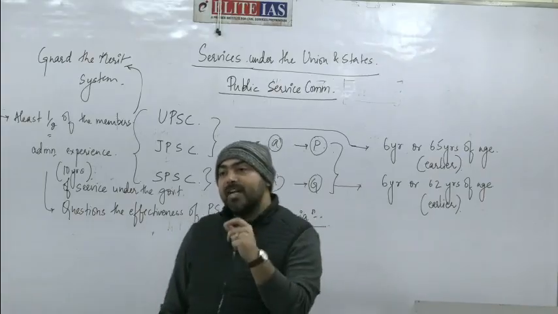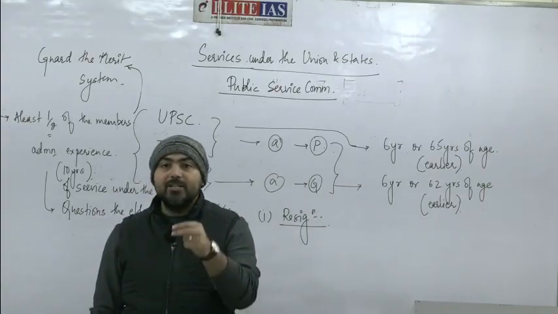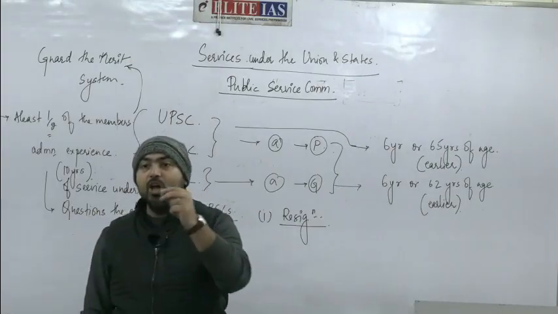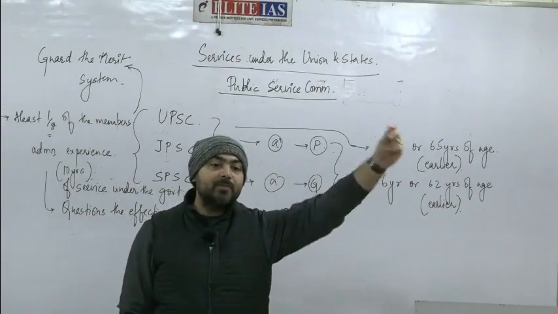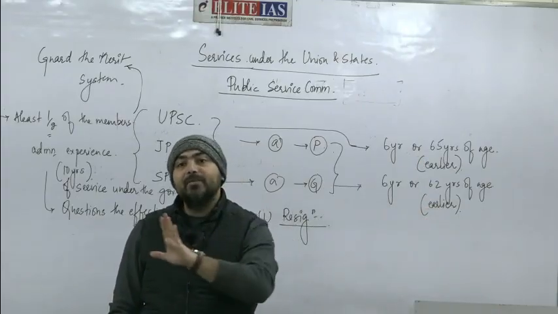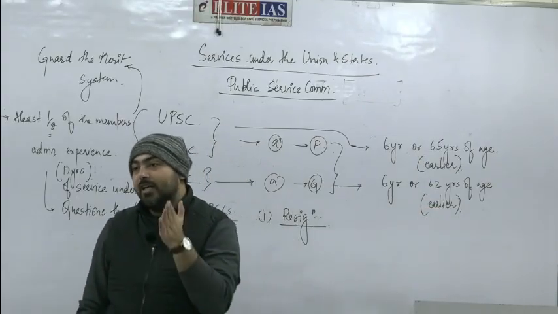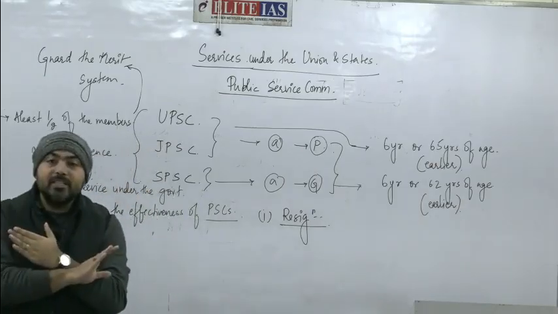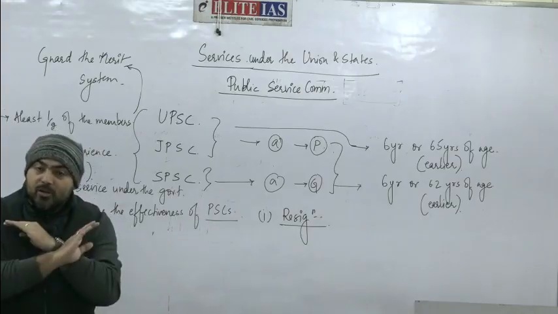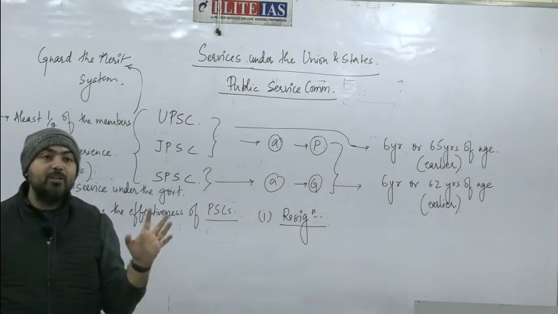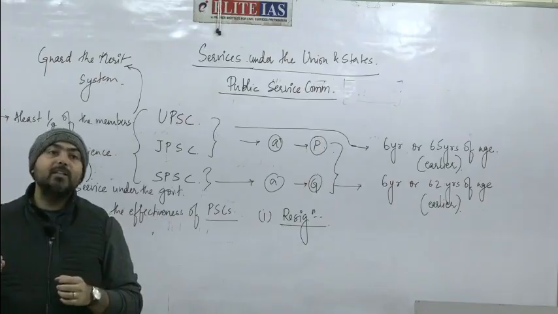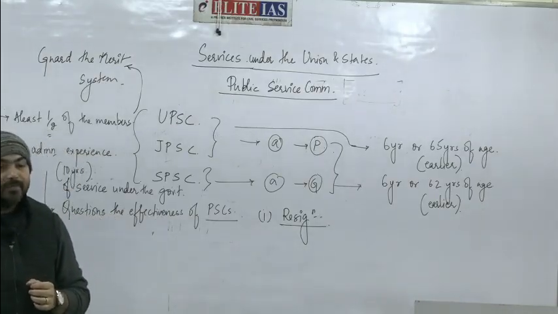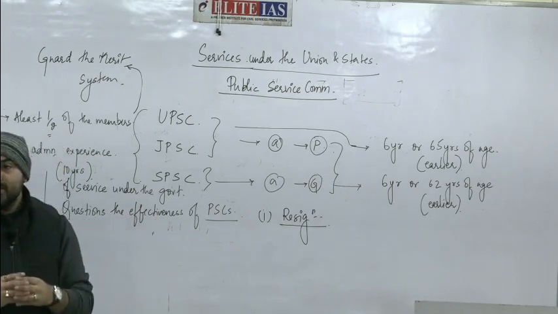And a member of state public service commission can either be chairman of state public service commission, chairman of some other state public service commission, or member of UPSC or chairman of UPSC. Except for this, they are not qualified to hold any office under the government of India or the government of any state. Clear? So they are subjected to these conditions.